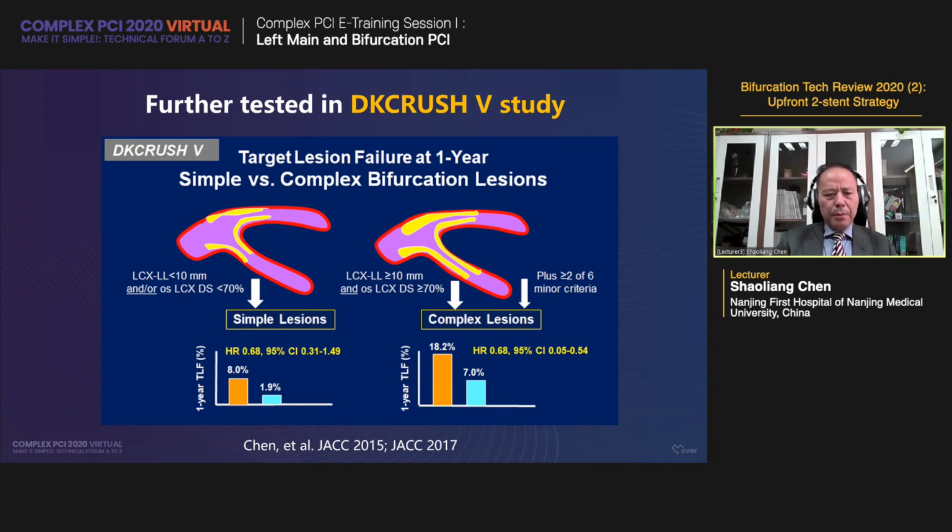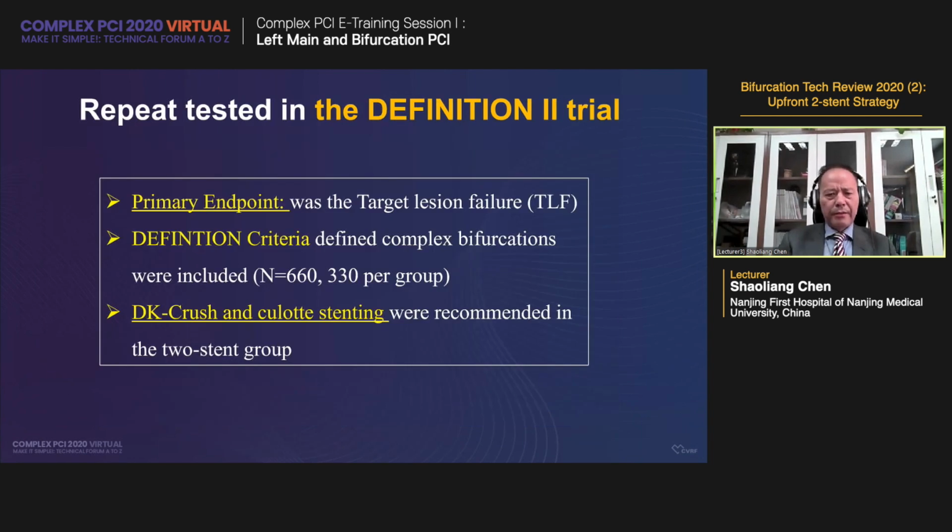However, in the simple bifurcation lesion group, the absolute 1-year TLF was 8% in the provisional group, but it was not significantly different from almost 2% in the DK crush group. I think this is the second sign indicating the efficacy of this new definition criteria for differentiating simple from complex bifurcation lesions.